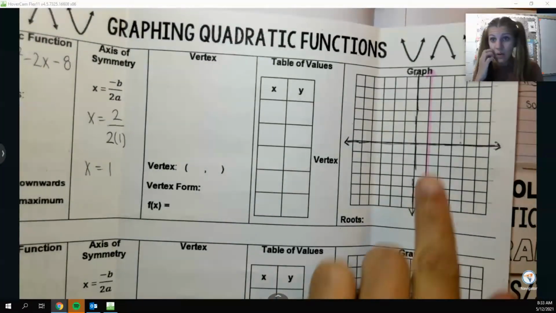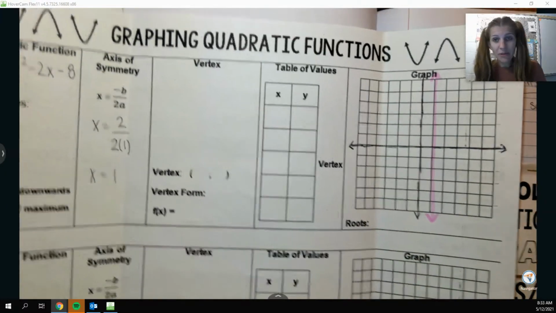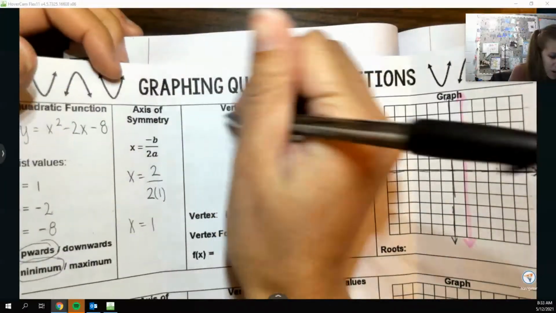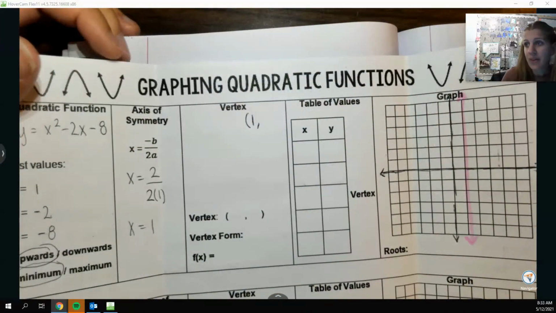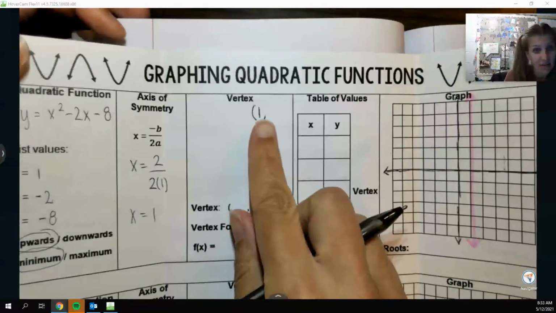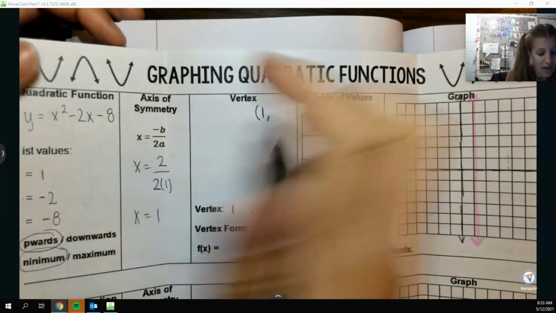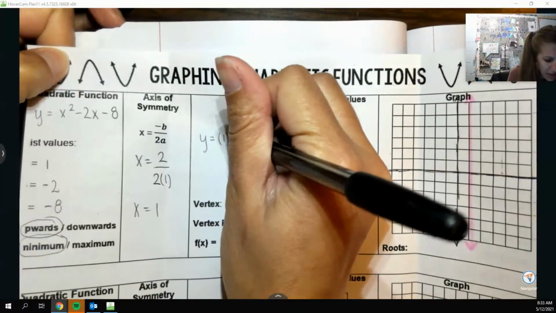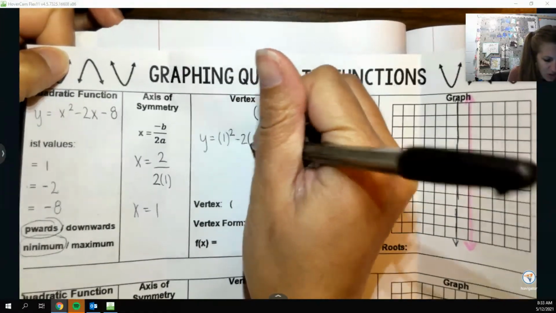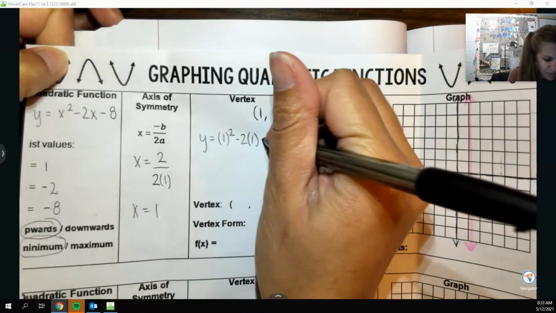And then I know somewhere along that line I'm going to have the vertex. So already I know that the vertex is at 1 comma something. To figure out what that something is, I have to take the 1 and put it in for x in my equation. So we'll have y equals 1 squared minus 2 times 1 minus 8.